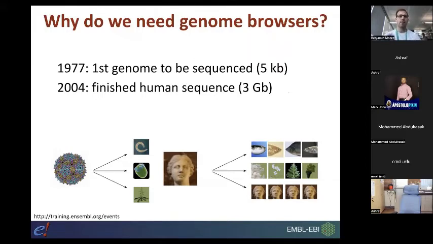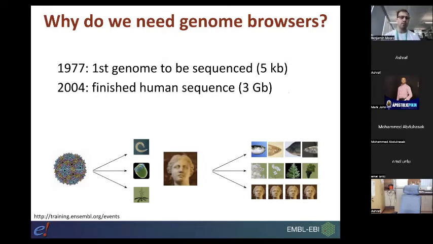By today's standards, that genome is obviously very small, but that technology laid the foundations for more and more complex organisms to have their genomes sequenced, until in the early 2000s, in 2004, we had the publication of the first draft of the human genome sequence. This was 3 gigabases in size, so 3 billion base pairs is the size of the human genome.